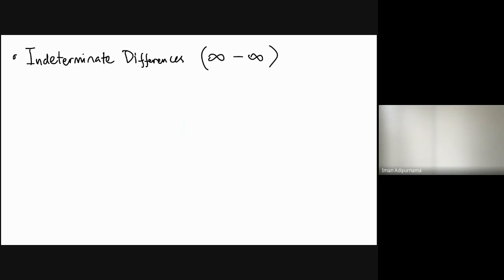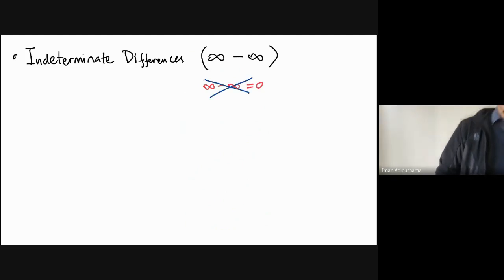The first thing: do not take infinite as a number. You cannot really count how many infinite is. So if you see this expression, do not make the final result 0. That's a wrong approach for infinity. So if you have this in your limit, do not do this. This is wrong, because sometimes it happens.